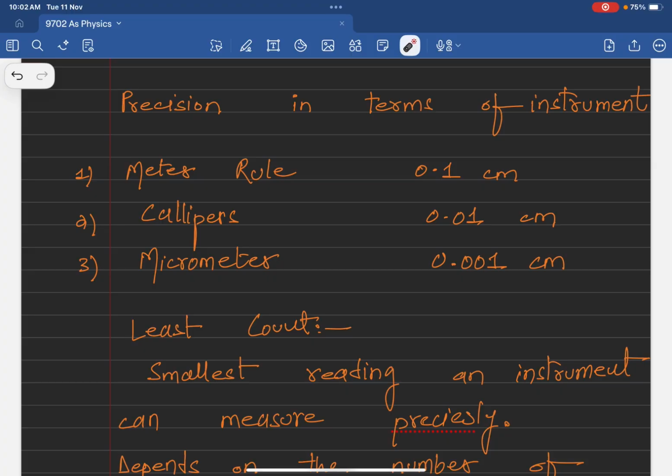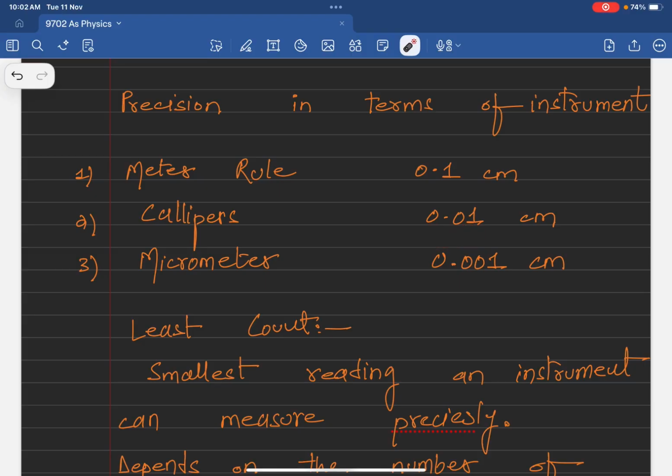You can state this in a way that if you are measuring something, the first digit after the decimal place is clear in the meter rule. If a second or a third or a fourth digit is coming with a measurement of the meter rule, that digit is unclear, that digit is not precise. And the same applies to the calipers: we can measure precisely up to two digits after the decimal place.